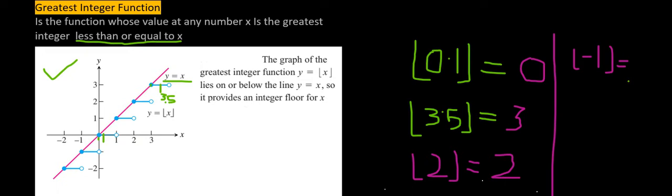And you can see that here lies our minus 1 and it is equal to the value of x. So it makes our greatest integer. So we will simply write it as minus 1 is the greatest integer.